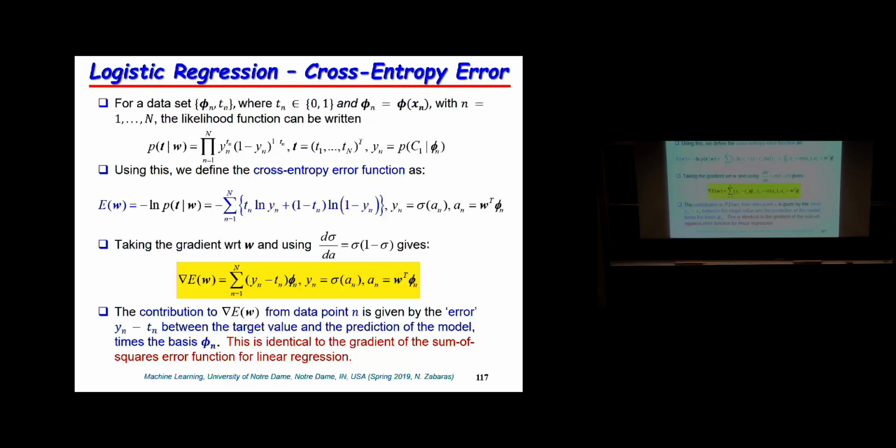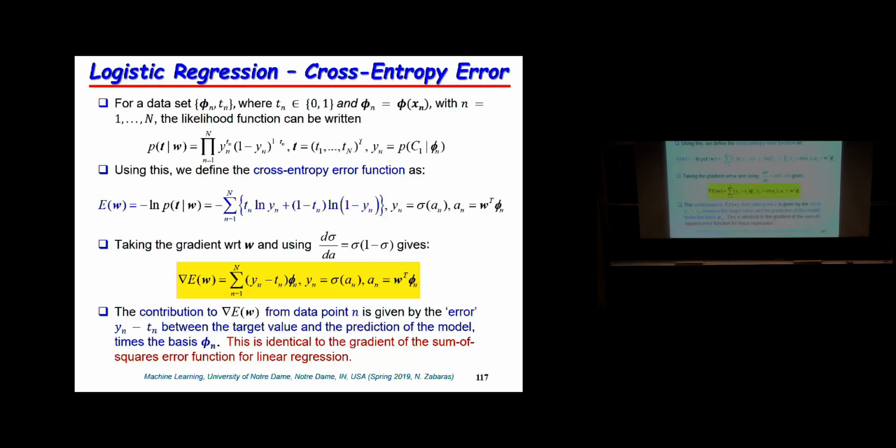So the error function here is the cross-entropy. And again, t is coming from my training data, is 0 or 1, and y comes from my logistic regression model that gives me the posterior distributions. So y_n, the definition is this for class 1, given the data point phi n.